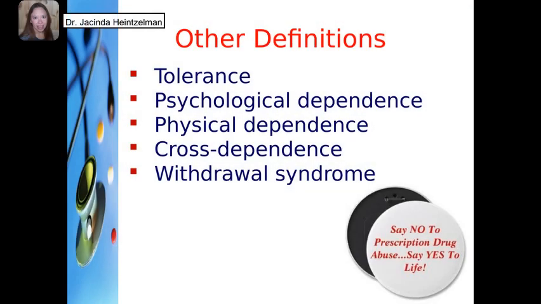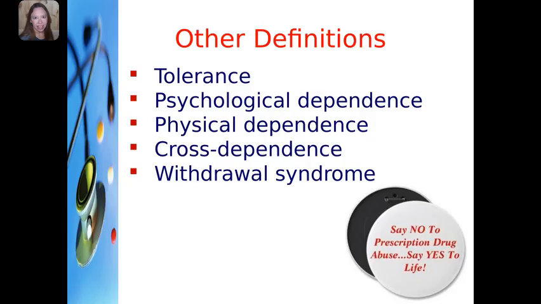Some other definitions that you should be aware of are tolerance, psychological dependence, physical dependence, cross-dependence, and withdrawal symptoms. Tolerance is really where the patients take the medication so much that their body now doesn't respond so well to the medication, and it requires an increased dose or frequency of doses in order to get the same desired effect.